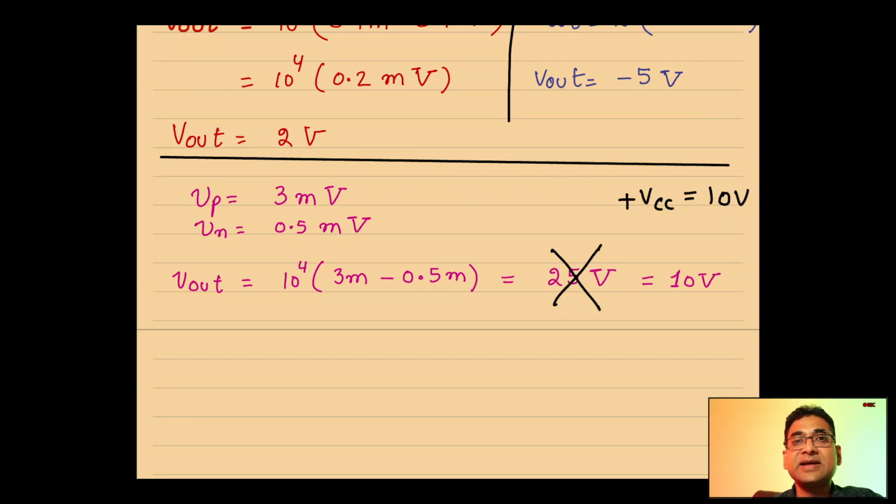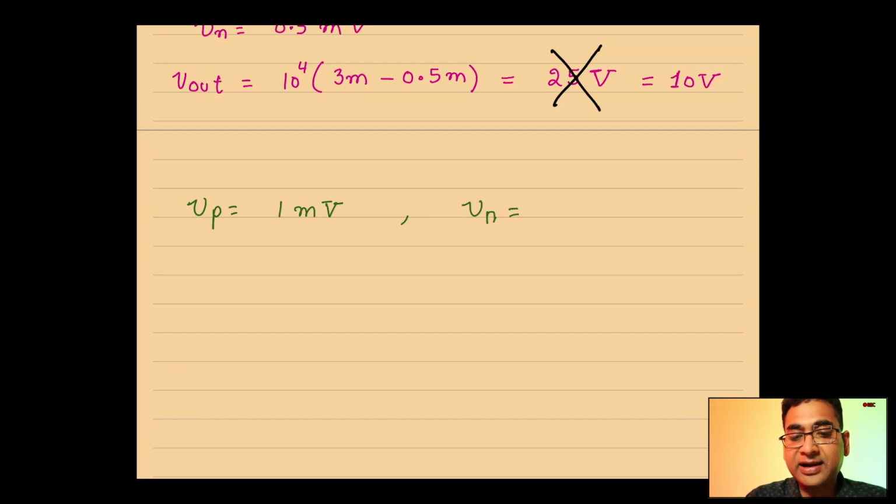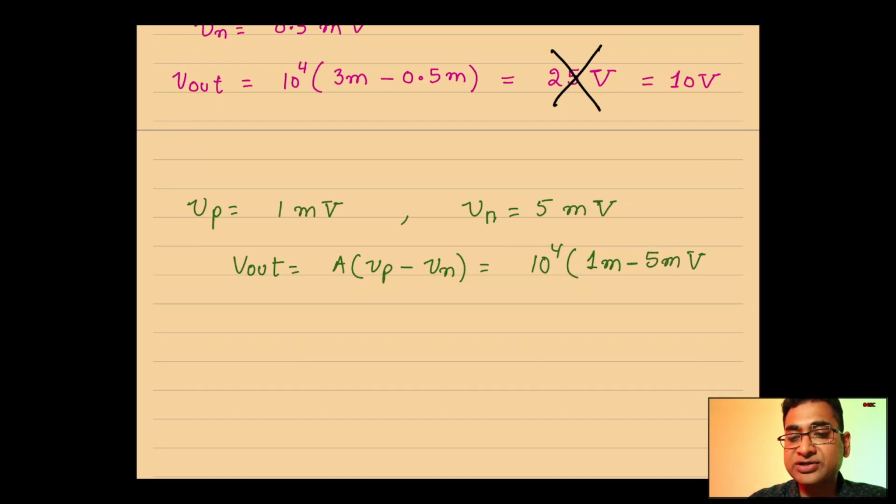Similarly, let's pick another number. Let's pick a Vp value equal to 1 millivolt, Vn value 5 millivolts, the same value for A. Now you see V output is going to be A times Vp minus Vn. That's going to be 10 to the 4 times 1 millivolt minus 5 millivolts, which is your Vn.